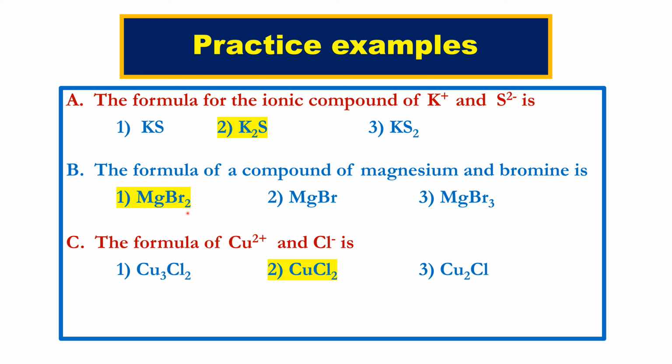The reason is that Mg has 2+, so it will need 2 negatives to balance the charge. So it will be MgBr2. The formula of copper 2+ and Cl- is CuCl2. Copper has 2+, chlorine just 1, so it needs 2 Cl- to balance it. So that's why we have 2 here.